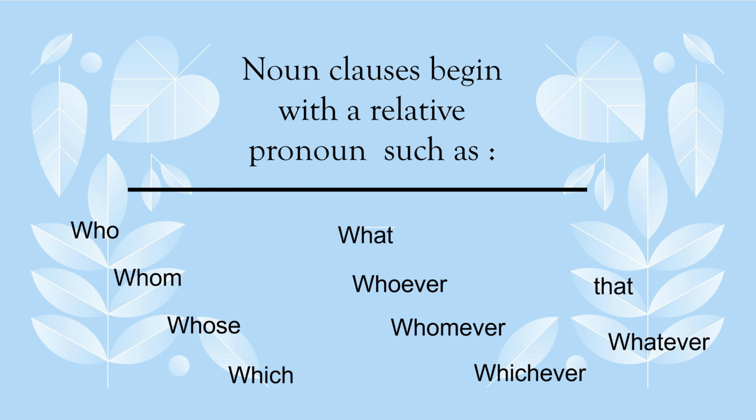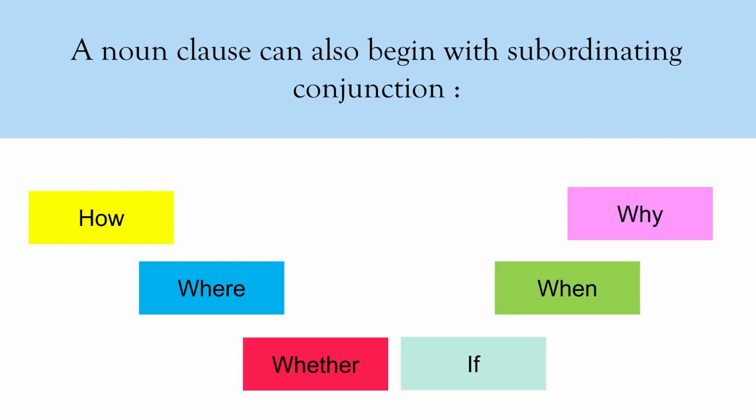Noun clauses begin with a relative pronoun such as who, whom, whose, which, what, whoever, whomever, whichever, that, and whatever. A noun clause can also begin with a subordinating conjunction, such as how, where, whether, if, when, and why.